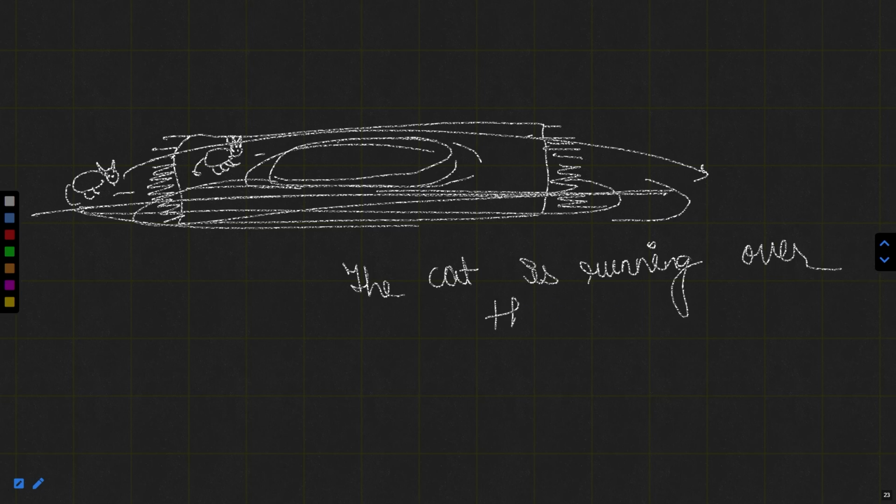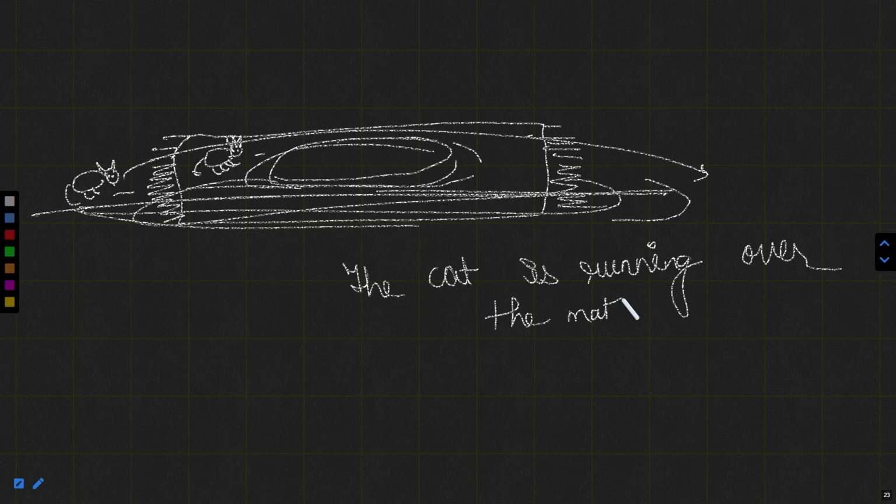It means if the cat just passes the mat, the cat is running over the mat. If she's only running in a particular area of that mat, we use on.